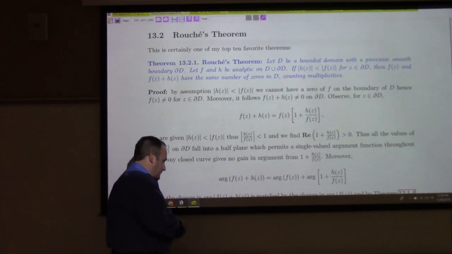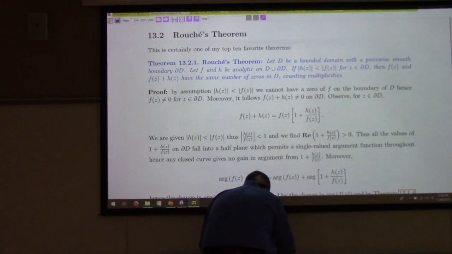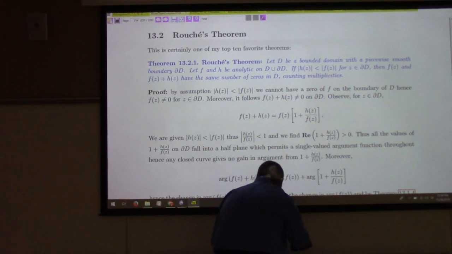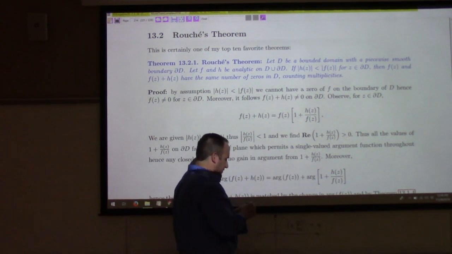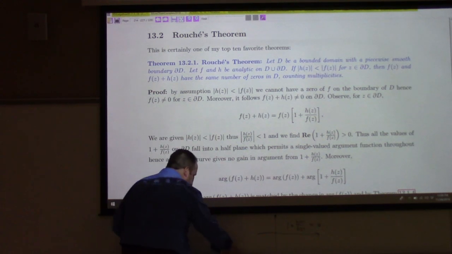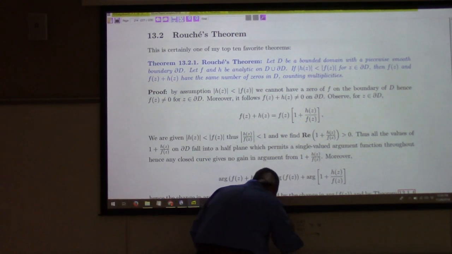So let's see here, 1 plus H(z) over F(z), if I was to plot this equal to w, then the values for w are where? They're all over here, right?